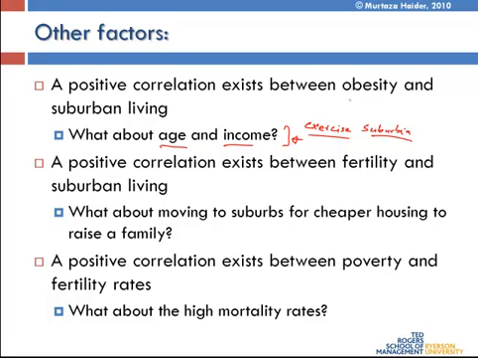that determines the impact on obesity, rather than just suburban or non-suburban living? One has to look for age and income.